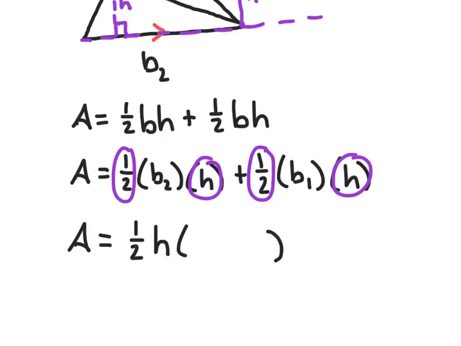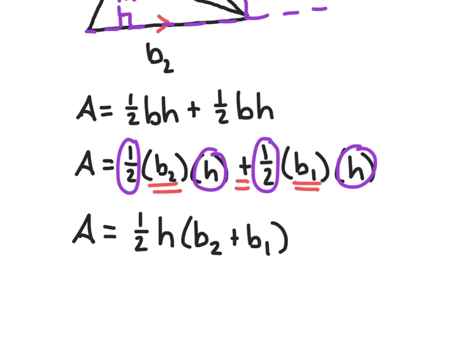If I factor out 1/2 h, what's left behind? b sub 2 plus b sub 1. Which is then, of course, the equation that the book is giving you for the area of a trapezoid.